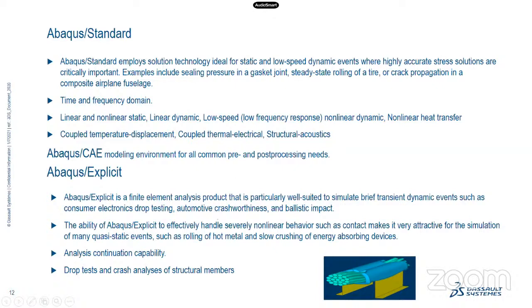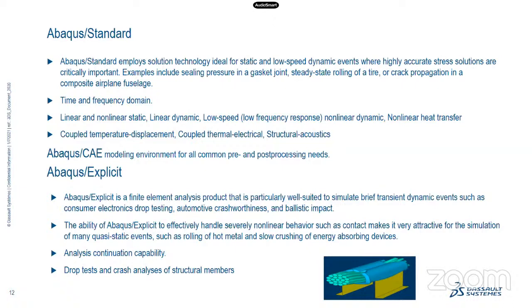Drop test, of course, is another analysis where Abaqus Explicit has some advantages over Abaqus Standard. Another thing is, for example, if you have an analysis, up to a certain level we can do it in Standard, and the rest of the parts we can do in Explicit.